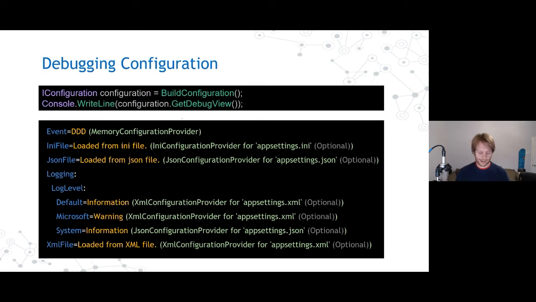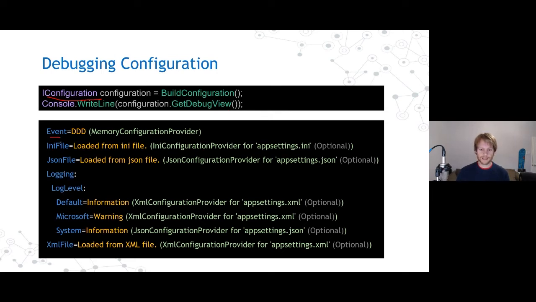One thing that is quite good to know about is you can actually get a debug view of all your configuration. Because you might end up loading from a JSON file, command line arguments, environment variables, or even your user secrets, you might get confused where configurations come from. But if you get an instance of your IConfiguration from somewhere, so usually your IoC container, or as soon as you build the configuration, you can call this method called GetDebugView, and this will give you a blob of string which actually represents where all the values are coming from.